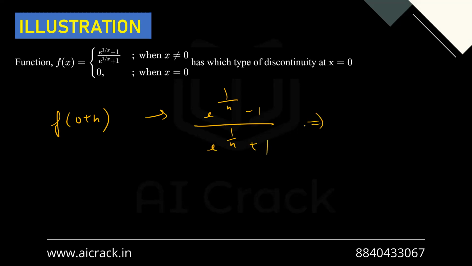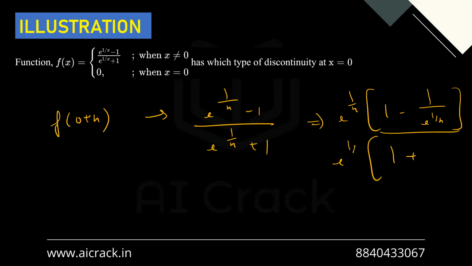Now, if we take out e raised to the power 1 by h as common, this would give us 1 minus 1 upon e raised to the power 1 by h divided by 1 plus 1 upon e raised to the power 1 by h. Now we know that e raised to the power 1 by h would go to infinity because h is a very small positive number, right? And 1 upon a very small positive number would lead to positive infinity. So e raised to the power 1 by h is going to positive infinity.